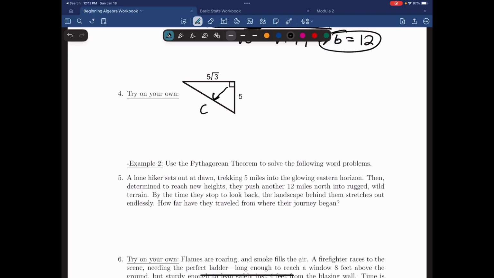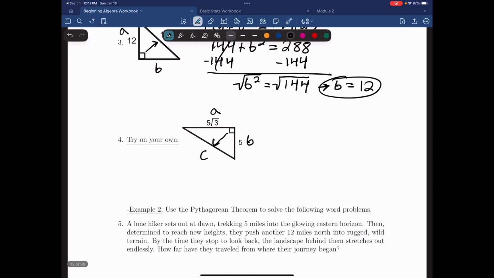When you worked on this on your own, you could have assigned A or B for this side length and A or B for this side length. I'm going to just assign A for this side length and B for this side length. But if you assigned B for this side length and A for this side length, that's perfectly acceptable too, as long as you got the same answer, because you can assign either.